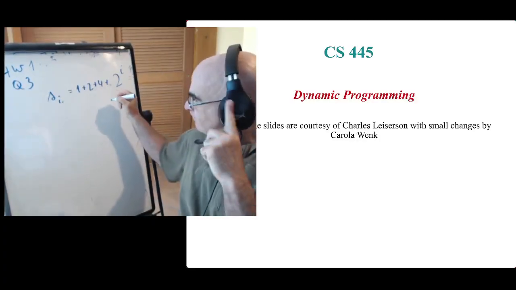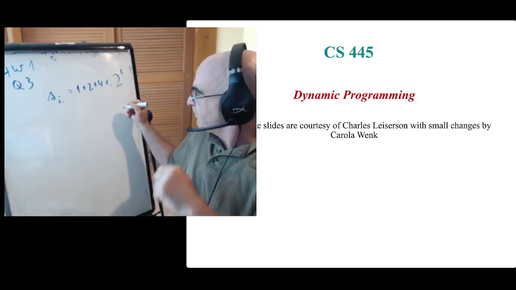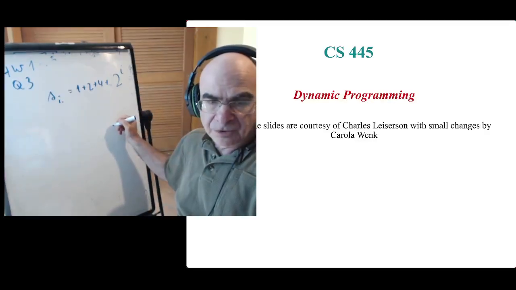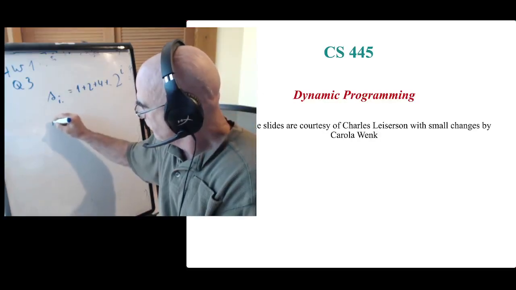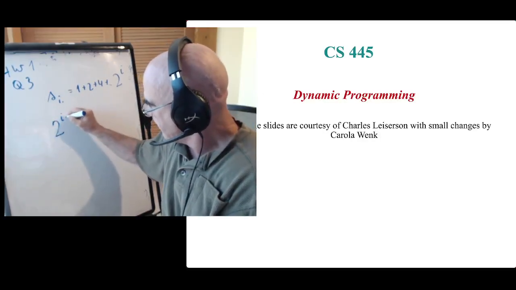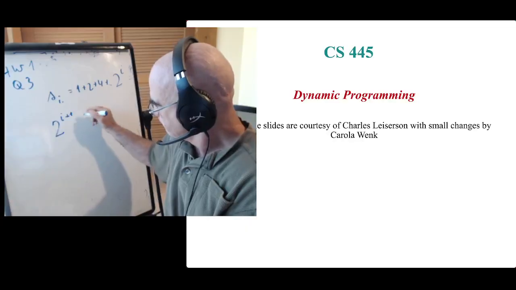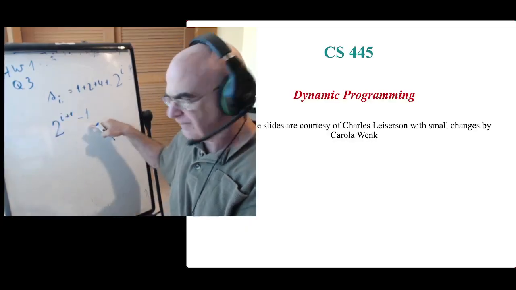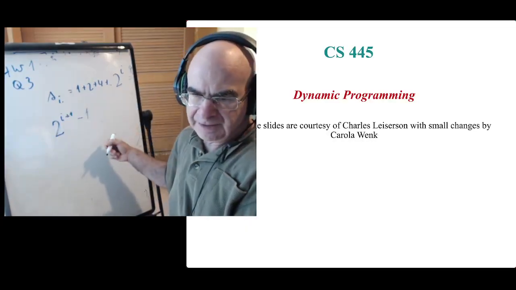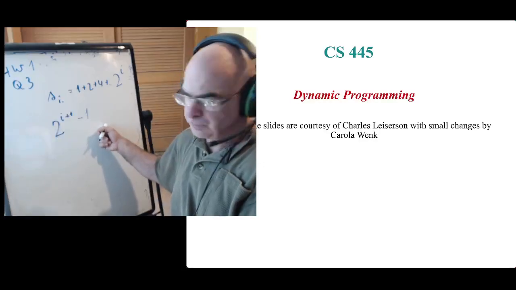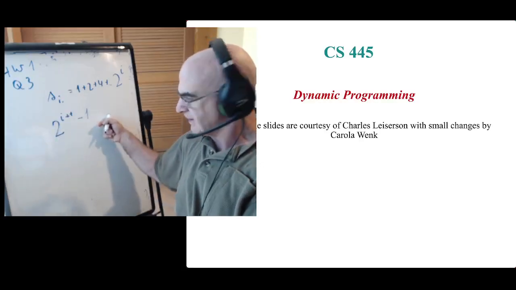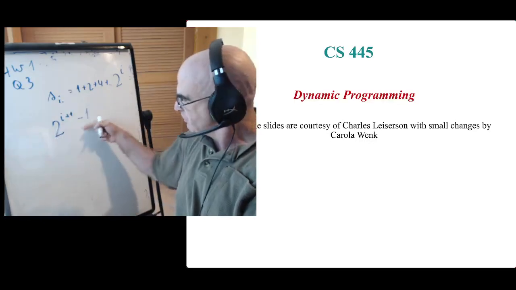This number is just 2 to the i plus 1 minus 1, divided by 2 minus 1, so that's divided by 1. Let's just call it 2 to the i.